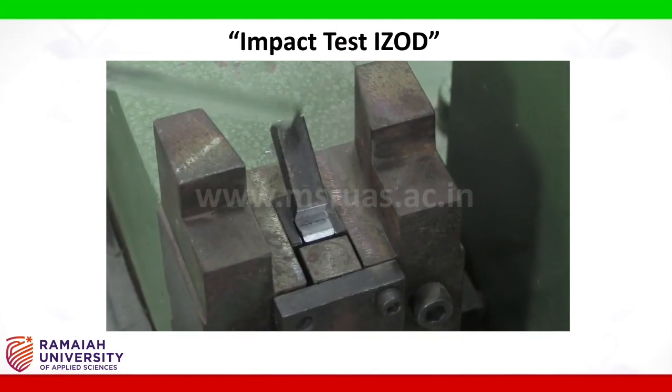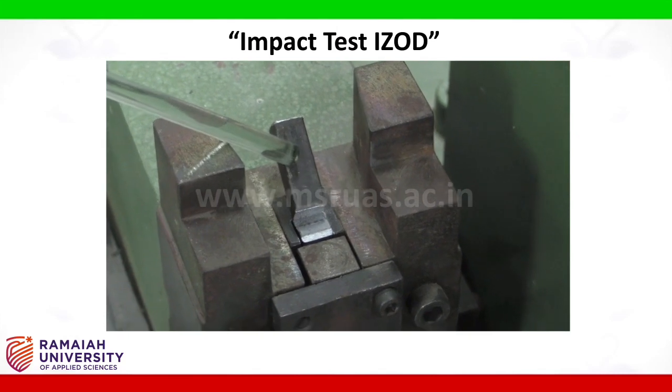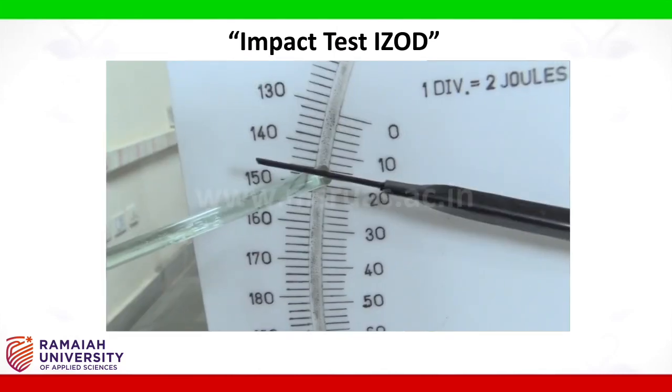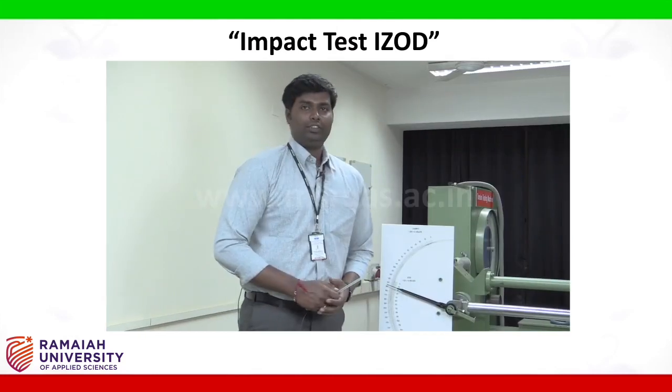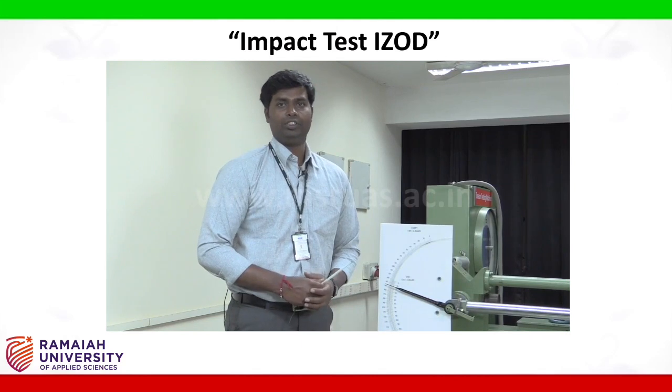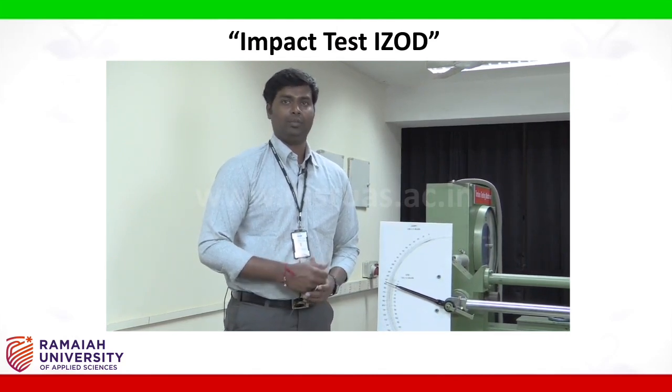Here you can see the fractured specimen. Enter final reading as 14 joules. This finishes the experiment and repeat the same procedure to find the Izod impact strength of the other materials.